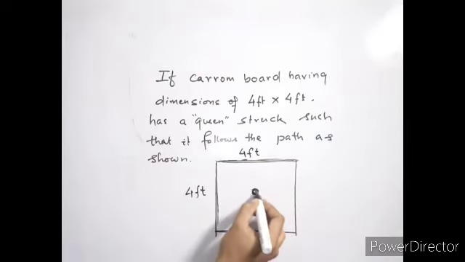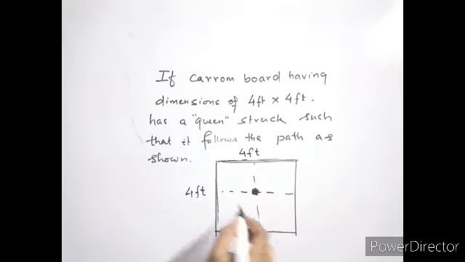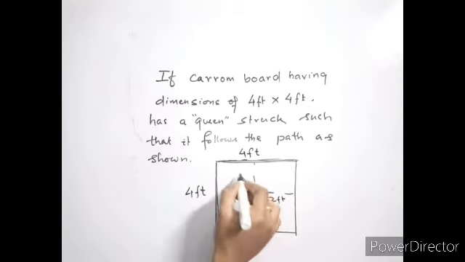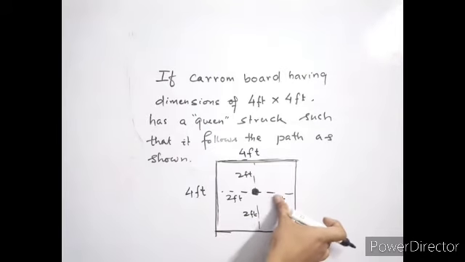So from the center the queen is struck. Now the center obviously lies where the lines have bisected, so the lines are of 2 feet each with respect to the center and the side.